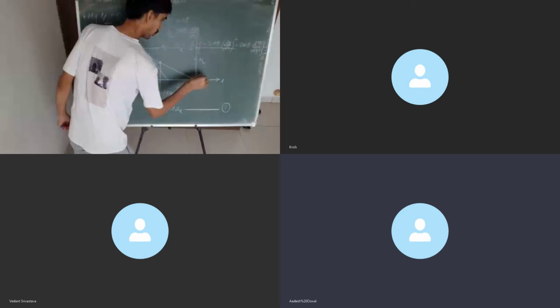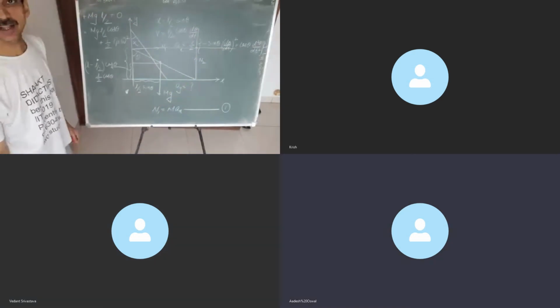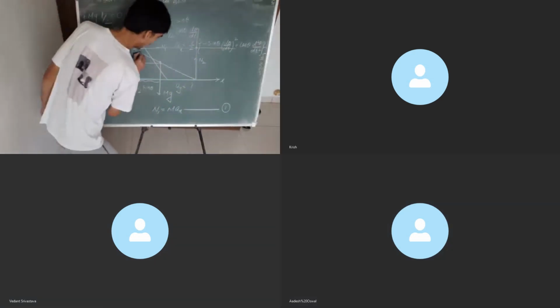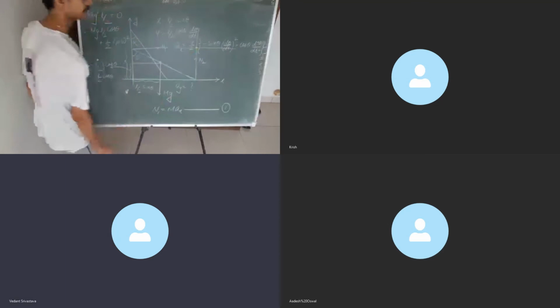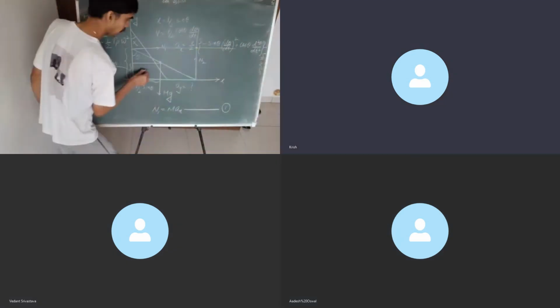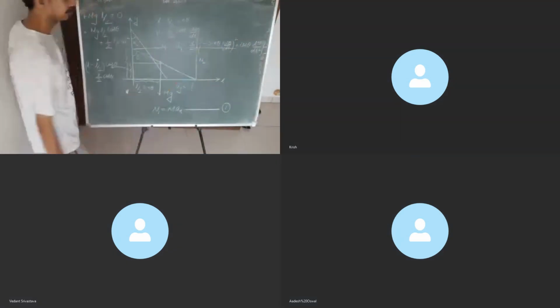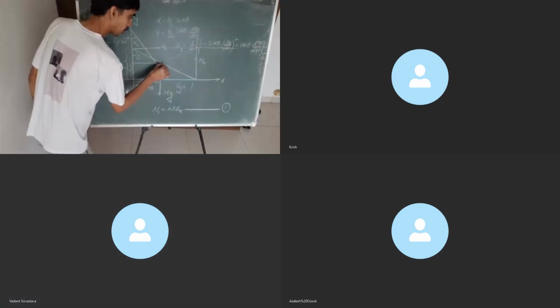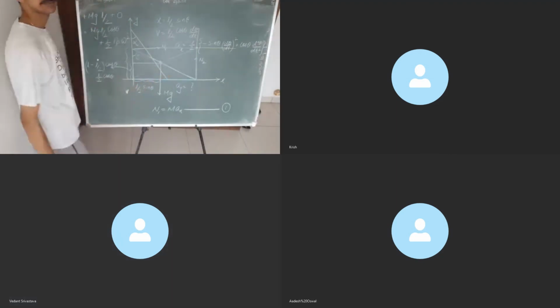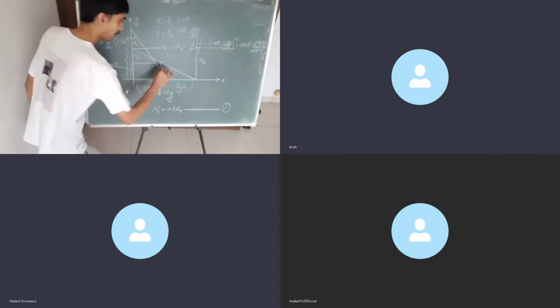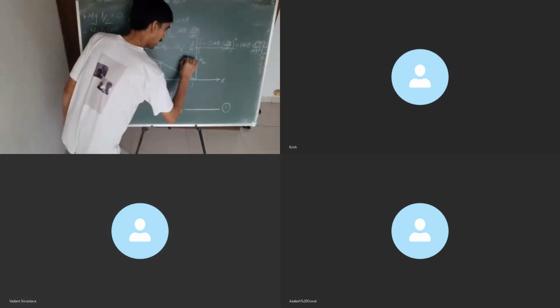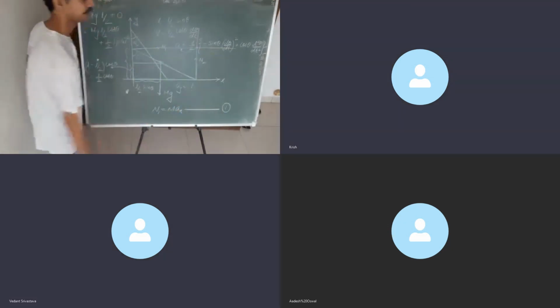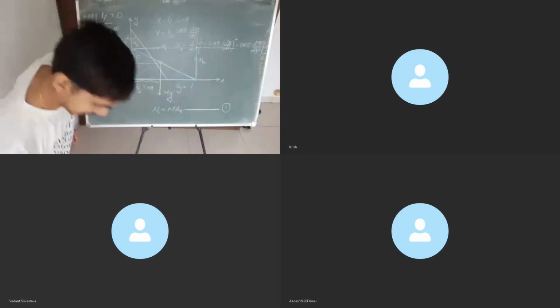This length is L, correct? This will also be L, correct? And in a rectangle, diagonals bisect, correct? How much will this be? L by 2, correct? Yes, sir.